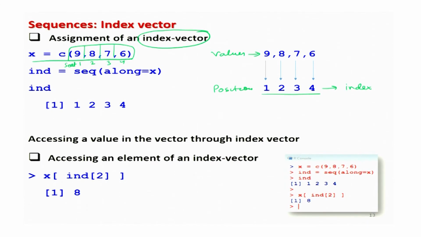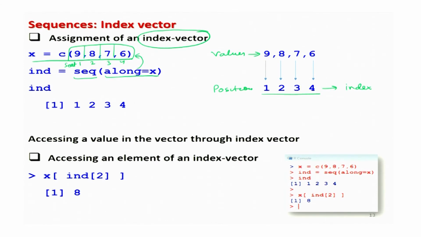So now the question is how you can create such an index vector. For that you have to use the command seq, SEQ, and inside the parenthesis you have to write along, ALONG, all in lowercase, equal to X. So what will happen? This along will read the data vector X, and then it will assign the values 1, 2, 3, 4, etc., depending on the number of values in the data vector.